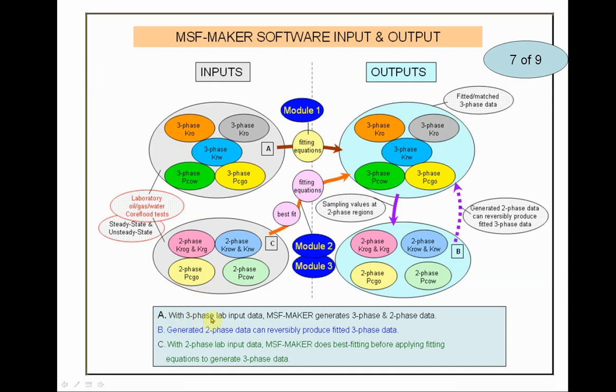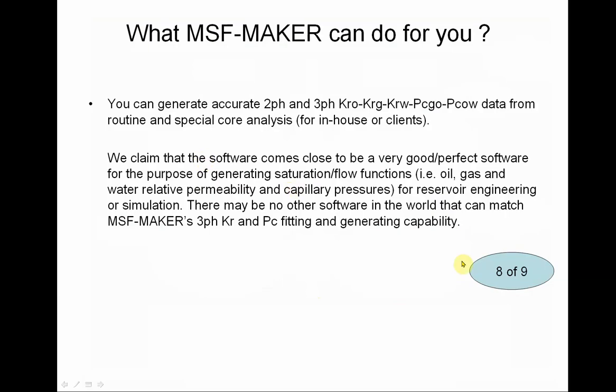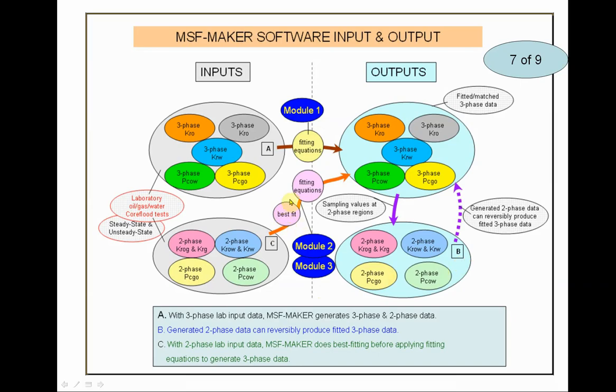A, if you have three-phase lab input data, Module 1 will fit the equation to your data and produce fitted three-phase data as well as two-phase data. And you can test this one.